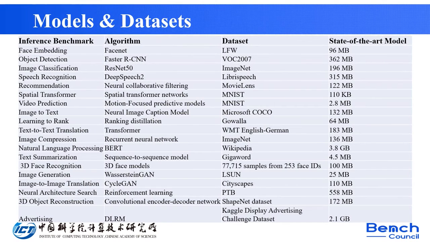There are 19 representative AI tasks selected from 3 internet sources, which are search engine, social network, and e-commerce. And their models, dataset, and the size of the state-of-the-art model are displayed in this table.